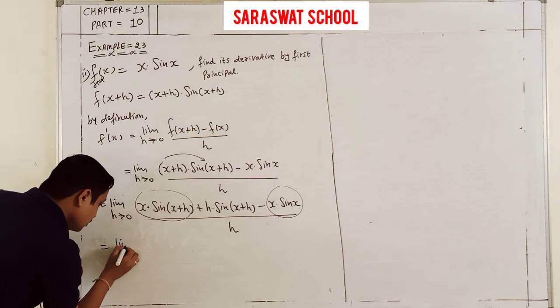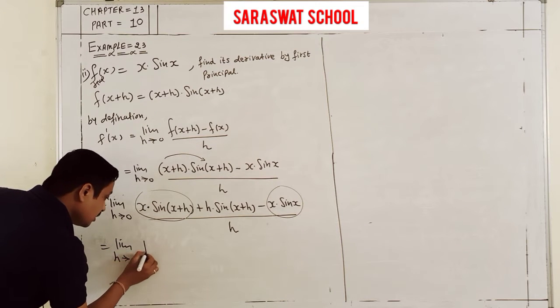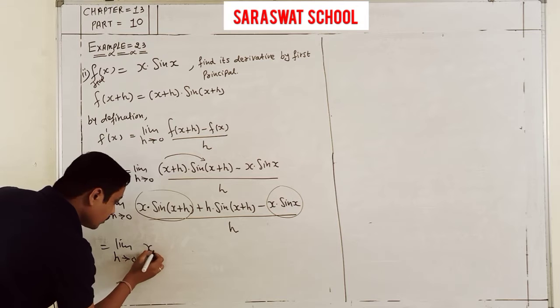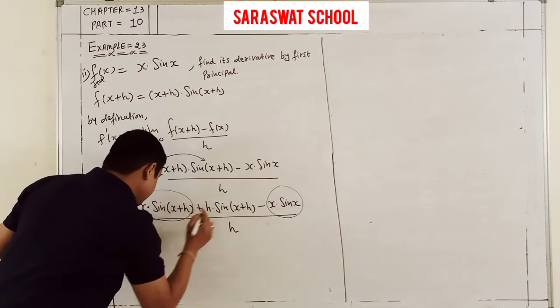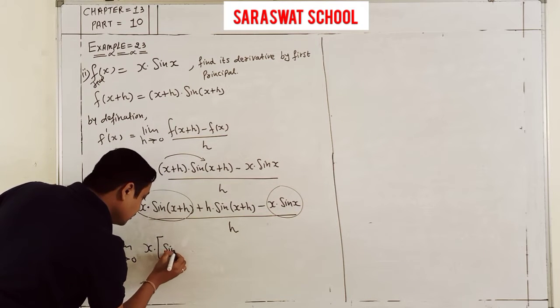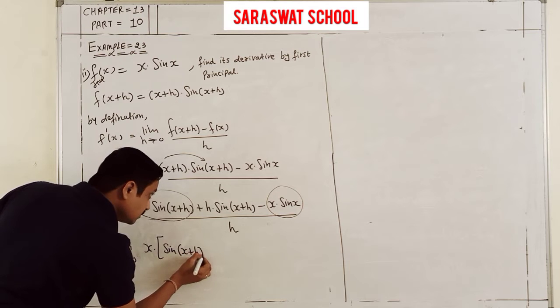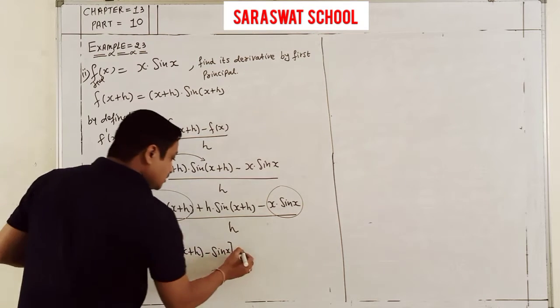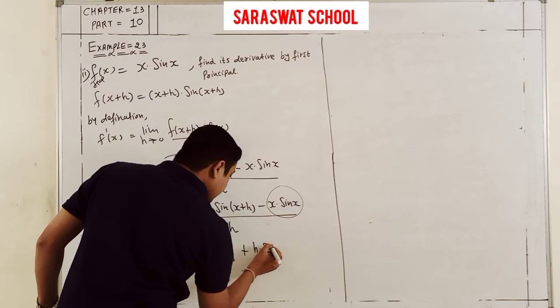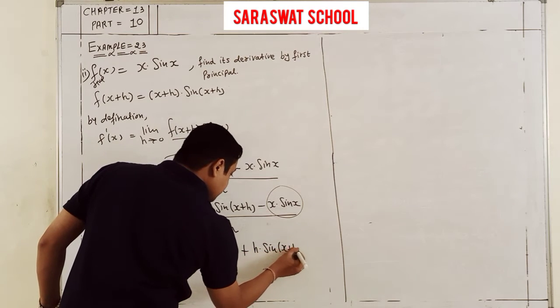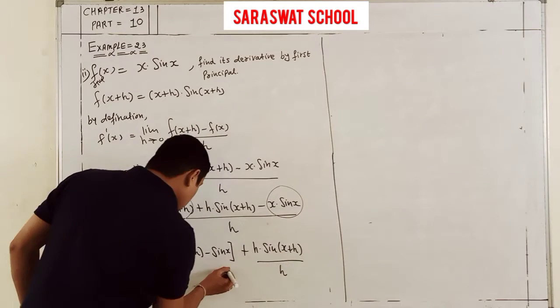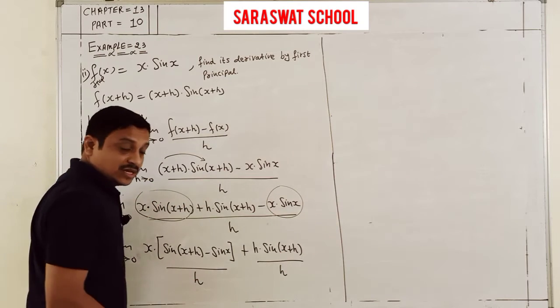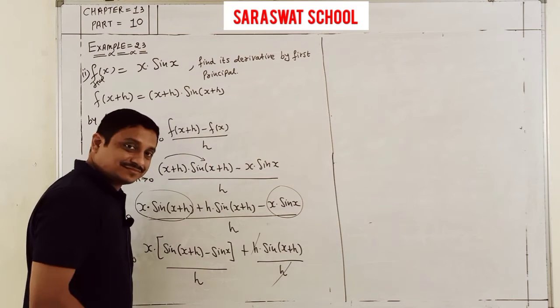So limit h tends to 0, x common first and the last. Remaining I have sin(x+h) minus sin x, and another same h sin(x+h) upon h. Here h, one of the h's cancels.